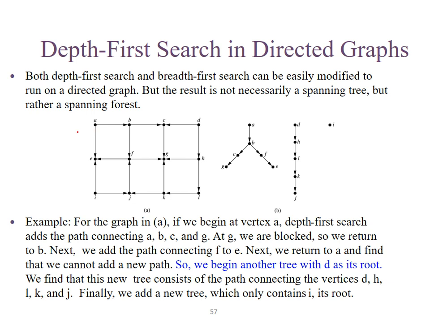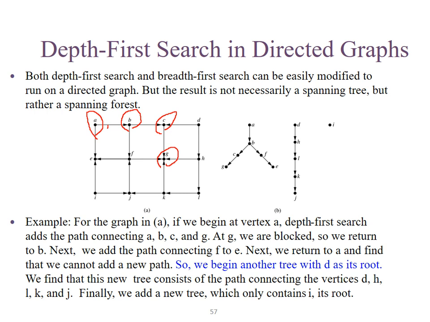If we apply DFS starting from A, we can go to A, B, C, G, all right? Once we go to G, all these directions point to G, so that will be the last vertex.